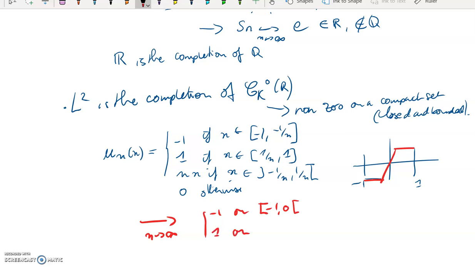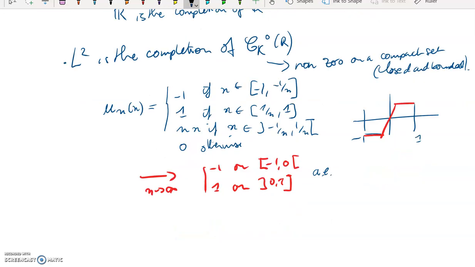It just happens almost everywhere, because you can choose what value it takes at 0. It could be 10,000, we don't care. It just happens on a set of null measure. So the idea is that you had a sequence of continuous functions and it didn't converge to a continuous function.